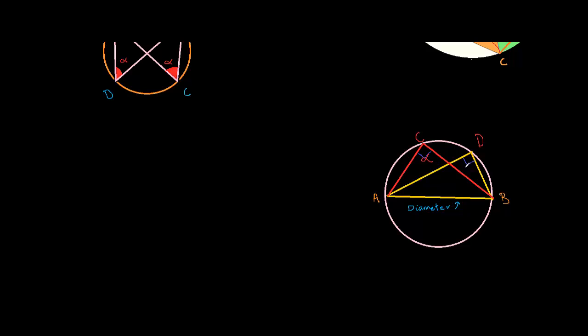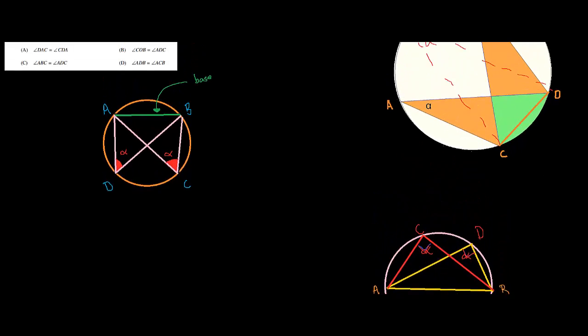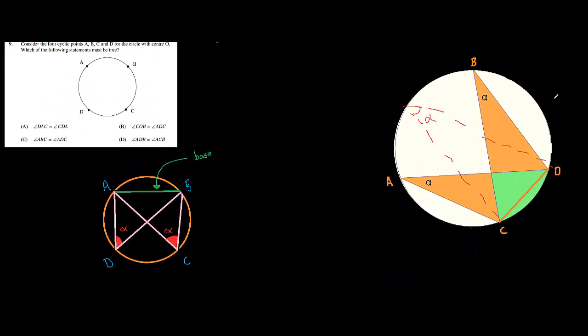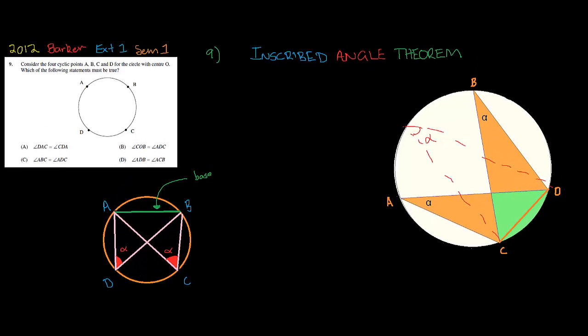These angles have to be the same at D and C because they've got the same base. But this is a special case because when the base is the diameter, it's going to be a right angle. So this kind of rule down here where you've got right angles because the base is the diameter is just a special case of the inscribed angle theorem up above.